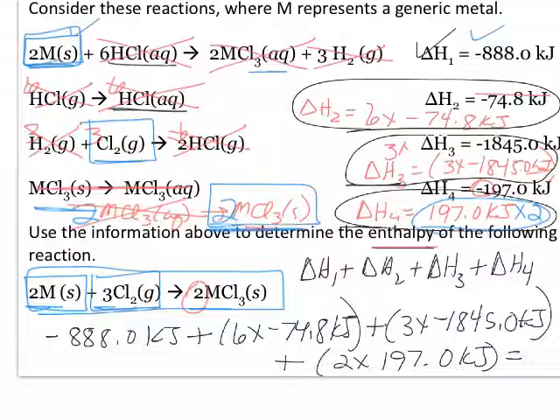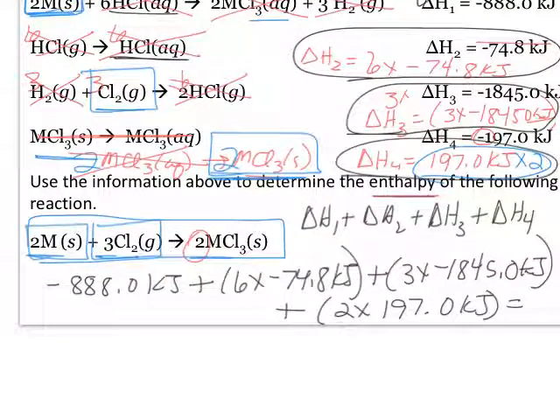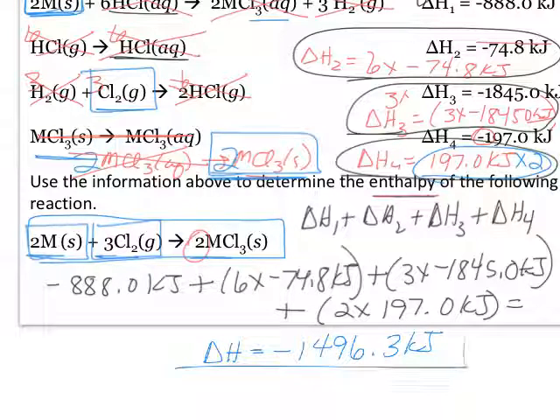When we add all of those 4 delta H's up, our answer is delta H overall is negative 1496.3 kilojoules. And that is Hess's law, which is independent of path because it's a state function with a capital H.